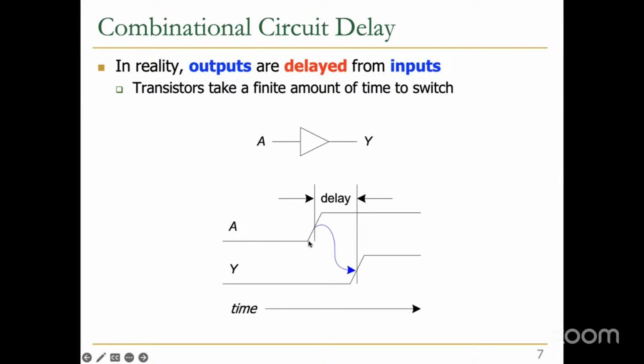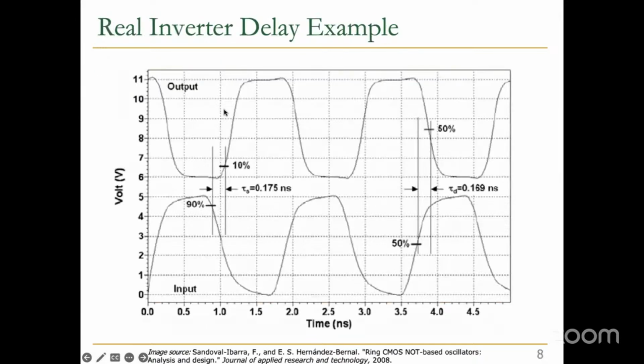Even this diagram is a kind of abstraction, because what we see in the real world is something like that. We don't really have straight lines in these kinds of waveforms. And you can define different kinds of timing.